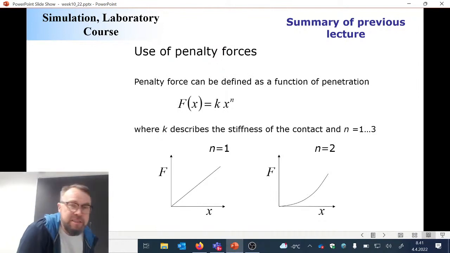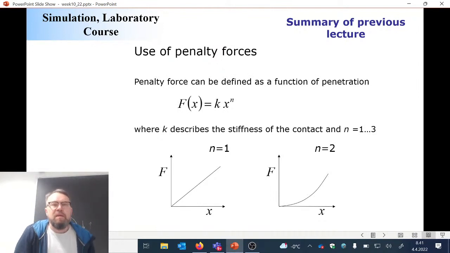Now, this x here, the power n, it's quite usual that n is not 1. And it is not 1 because if it is 1, then there's a discontinuity just when the force is introduced from 0 to a non-zero value. And this is computationally always inconvenient.